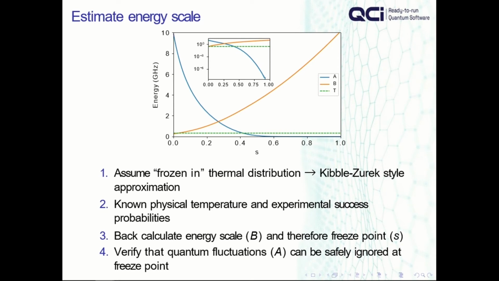So we can back calculate that energy scale, and therefore we can calculate this derived quantity S and ask, where have we frozen? And we can compare the two, and we can really say, okay, if we're running this under the two encodings, are they more or less freezing at the same time?